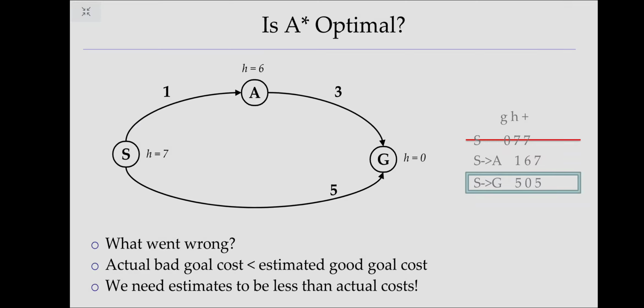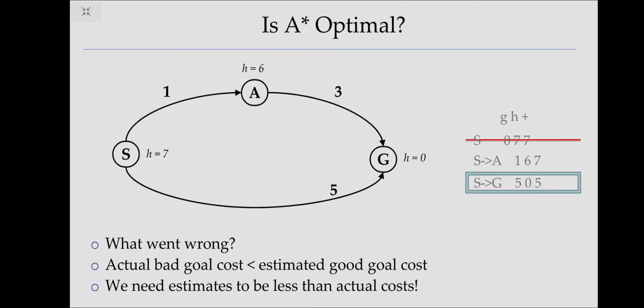We cannot guarantee to find optimal solution by A star with respect to any heuristic. That means heuristic is very important in the convergence of A star to the optimal solution.